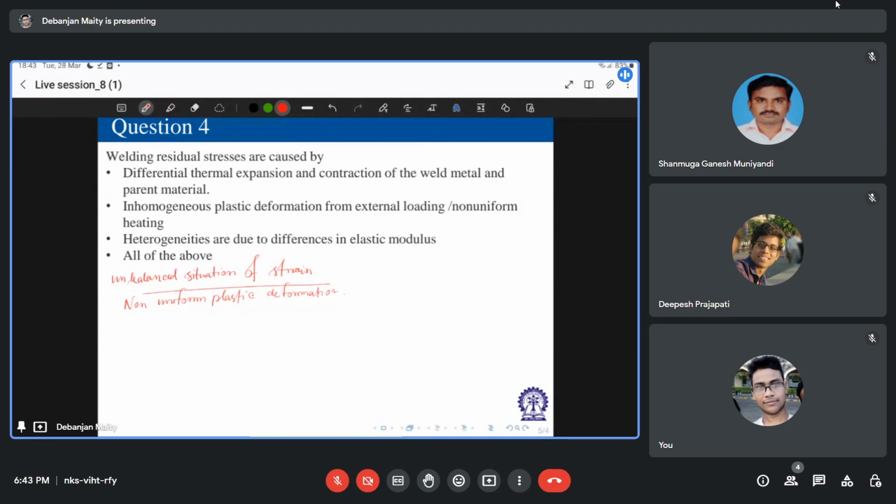And thermally induced residual stress can arise from any process that involves heat, right? So there are two mechanisms: one is deformation based, and one is simply thermal diffusion based.